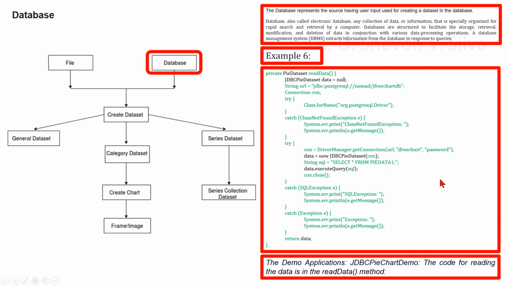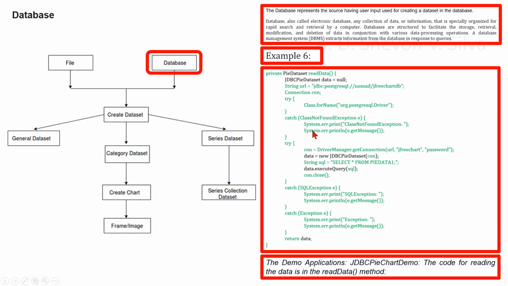The code for reading the data is in the read data method. The important things to note in the code are the URL used to reference the test database, which includes the name of the test server, here Nomad. You will need to modify this.